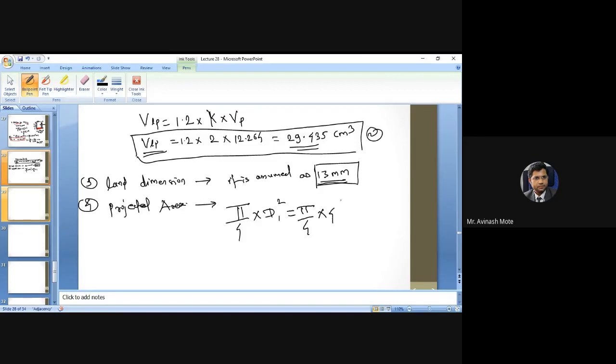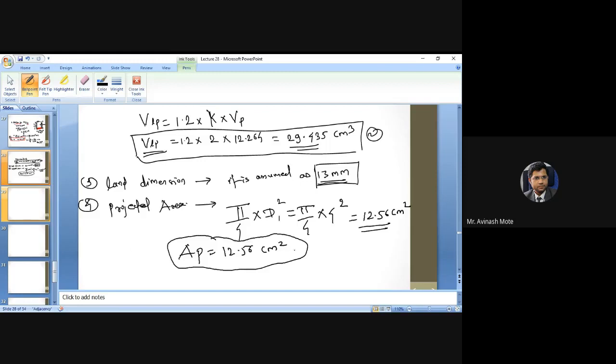What is the d? 4. It will be 4 square into pi by 4. So let me calculate this. This is coming as 12.56 centimeter square. So the AP is 12.56 centimeter square.